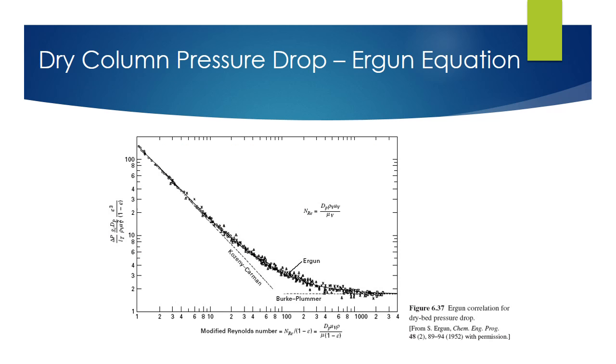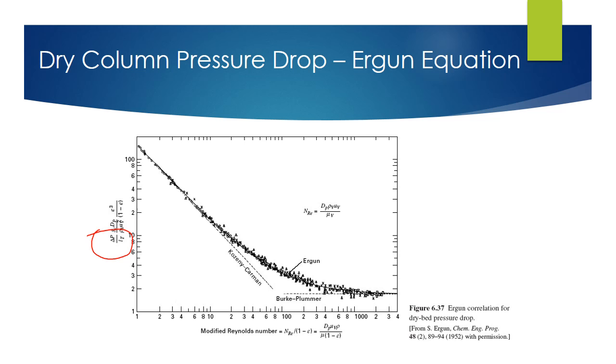What you'll do in the chemical engineering lab is to look at how pressure drop depends on flow rate in a column. And if it's a dry column or it has a single fluid in it, the Ergun equation is a good correlation. This is the pressure drop on this axis, so it contains delta P over L, so that's the total length of packing, the pressure drop over that value.